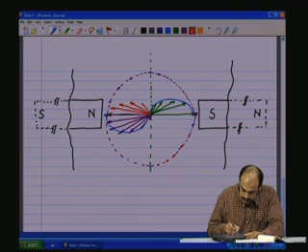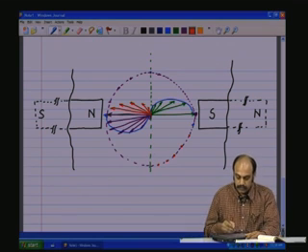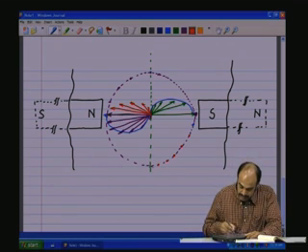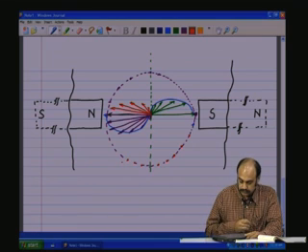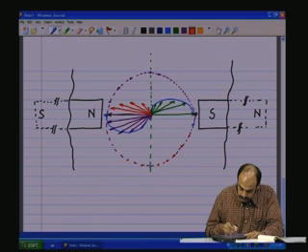Field starts decreasing until it is 0 at the orthogonal axis, and as the point further continues, it becomes positive, that is, this is the positive direction, this is 0, this is the positive direction.